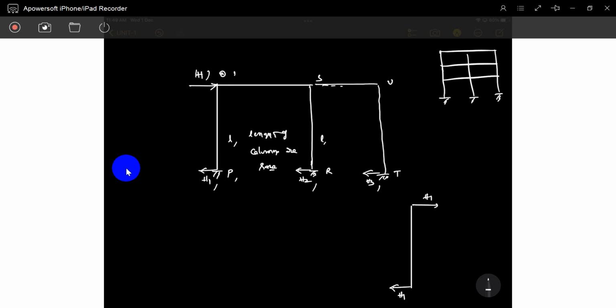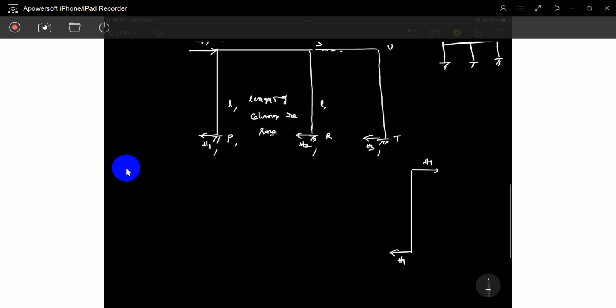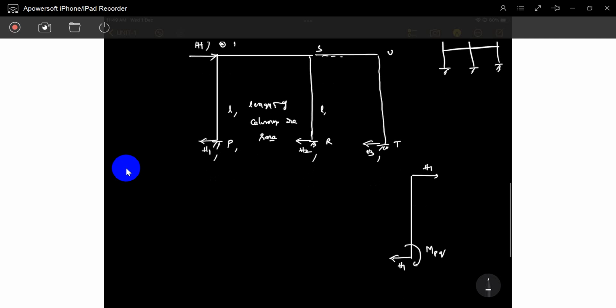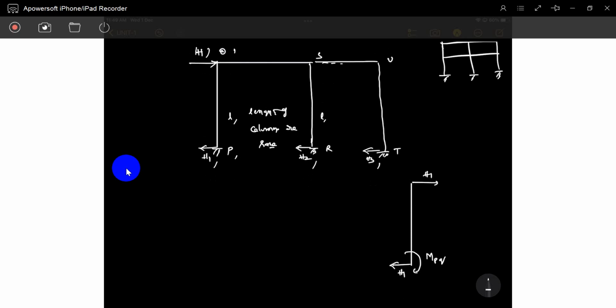Understood? So see, the final end moment, not a fixed end moment. The final end moment at P is MPQ. Final moment, I write in small letters. Final moment at Q for P is MQP. So this is the free body diagram.